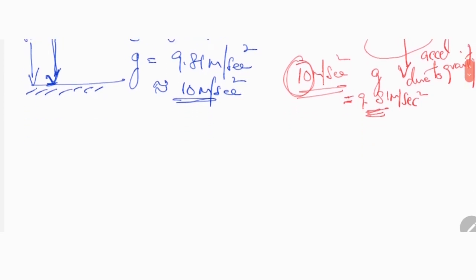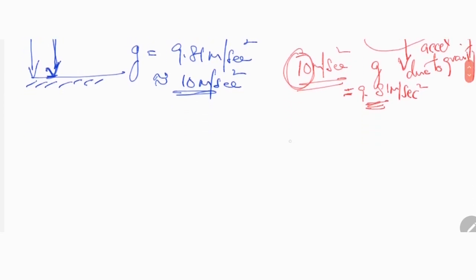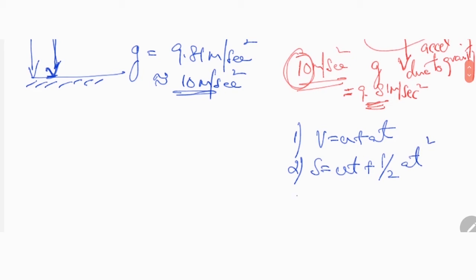Now let's go and solve this. Do you remember the three equations that we discussed in our previous class? For your benefit, I'll write them. v is equal to u plus at. Second one is s is equal to ut plus half at square, and third one is 2as is equal to v square minus u square, right?